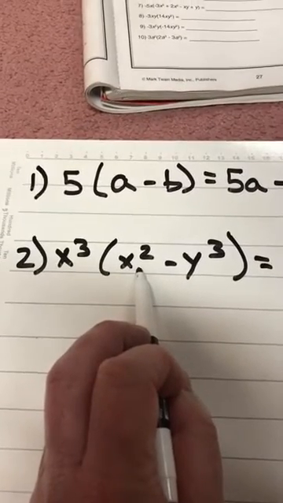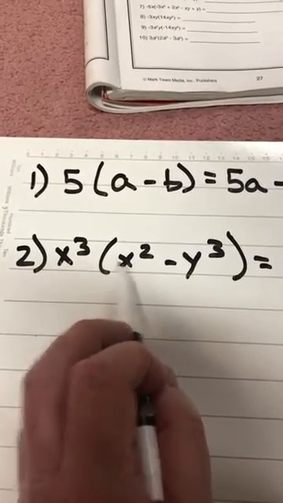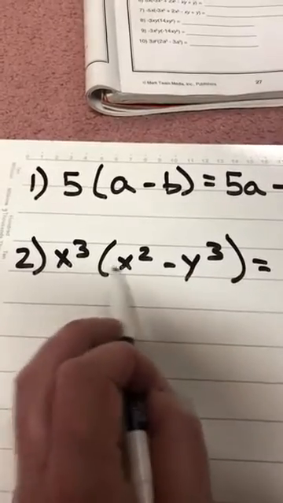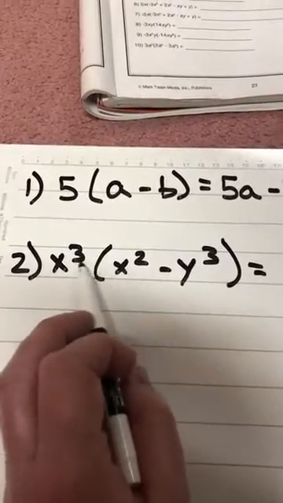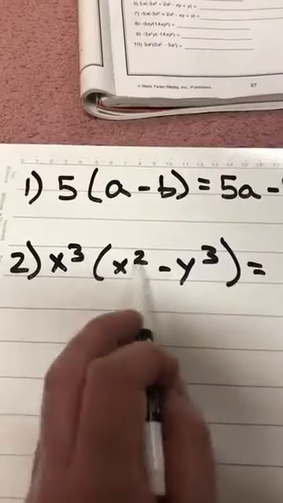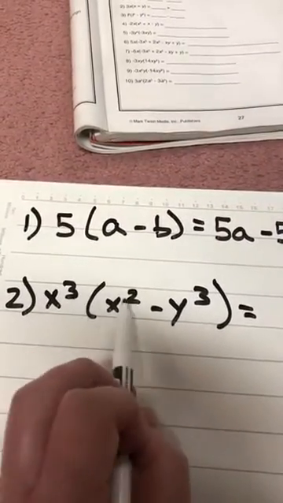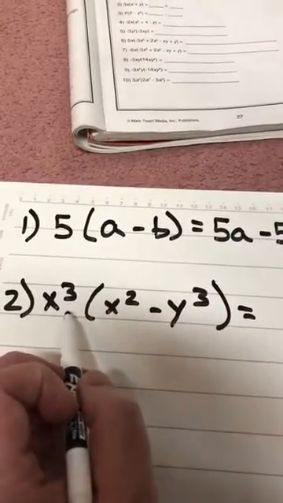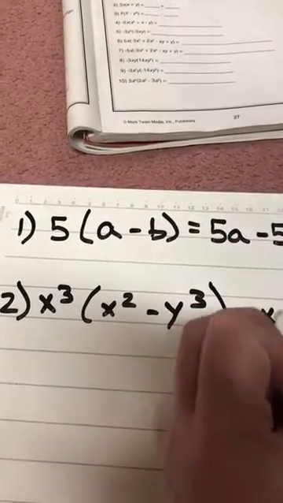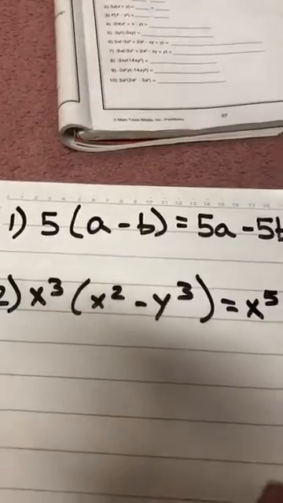As we know, with exponents, as long as they have the same base number, which these two do, x here, all I do is add the two exponents. So it's basically adding 3 plus 2, which is 5. So x to the power of 3 times x to the power of 2 is x to the power of 5.